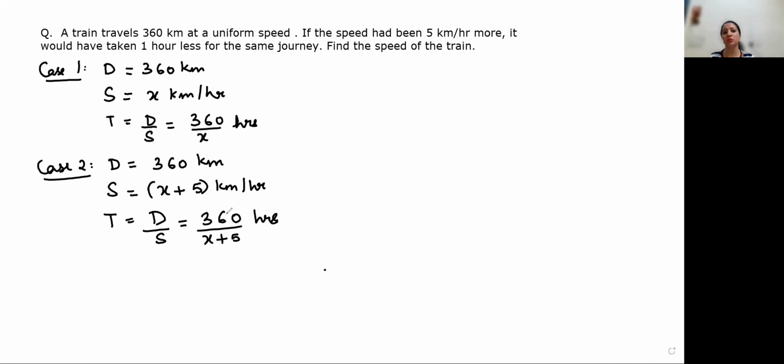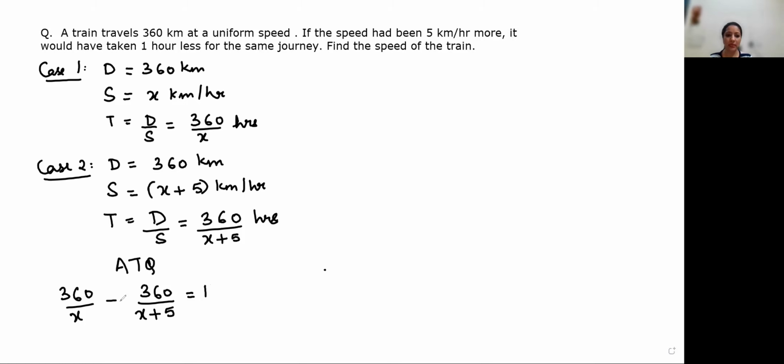This 1 hour is given to us in the question, that the difference in the time taken in both the cases is 1 hour. So according to the question, we have 360 upon x, that's the bigger quantity, minus the smaller quantity, 360 upon x plus 5, equal to 1. Now from here, we are going to solve for x.